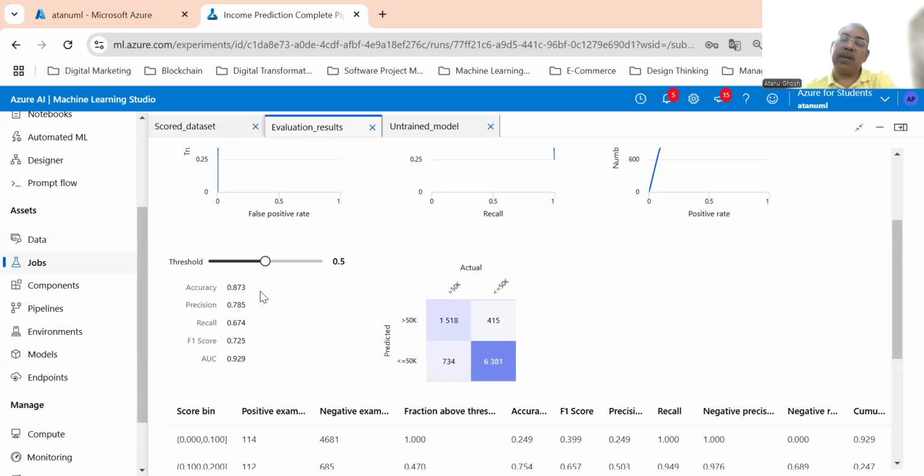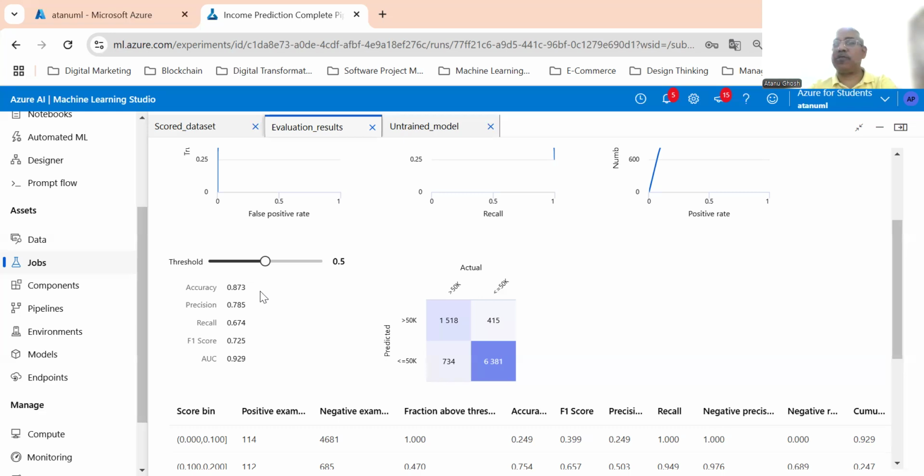What is recall? Recall is the other way around. Out of the total cases of positive, how many have been predicted correctly by the model? So what are the total cases of positive? 1518 plus 734. How many have been correctly predicted by the model? 1518. So it's 1518 divided by 1518 plus 734. That is the recall.